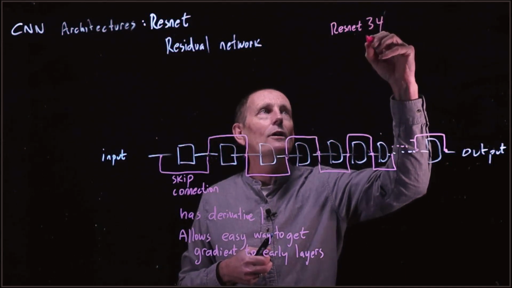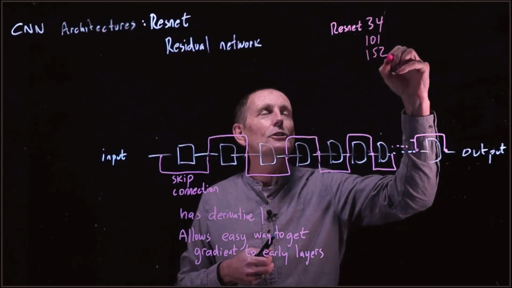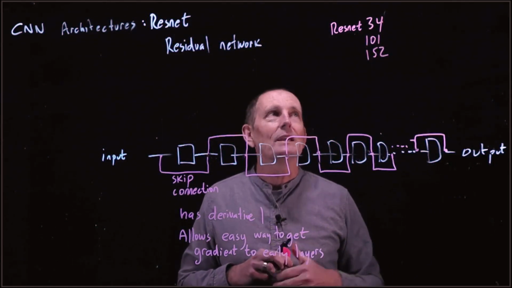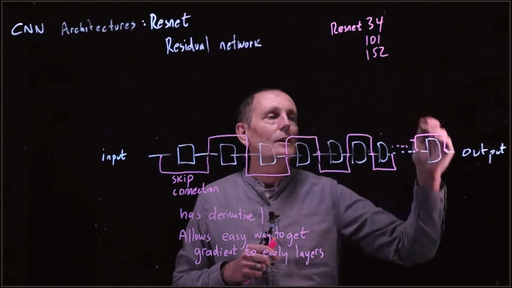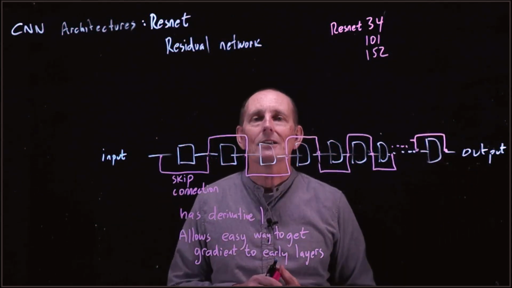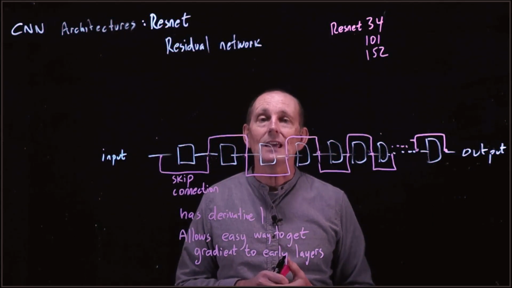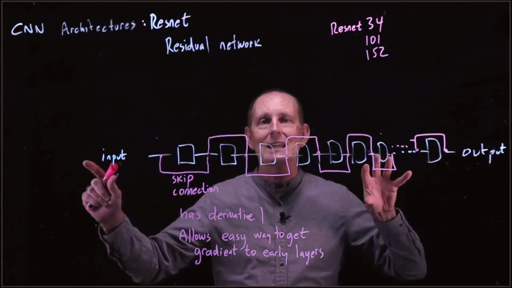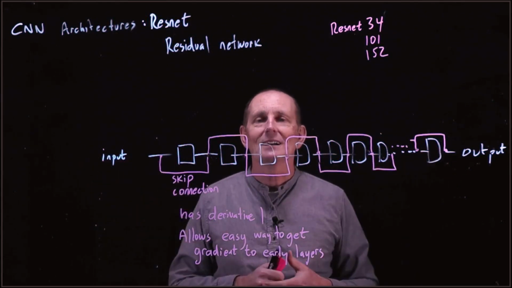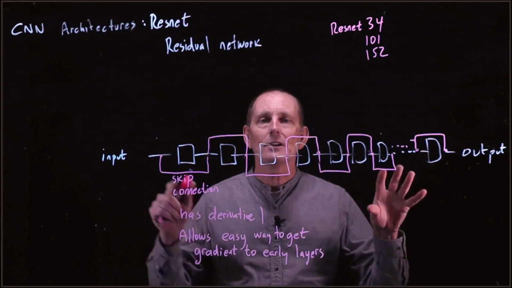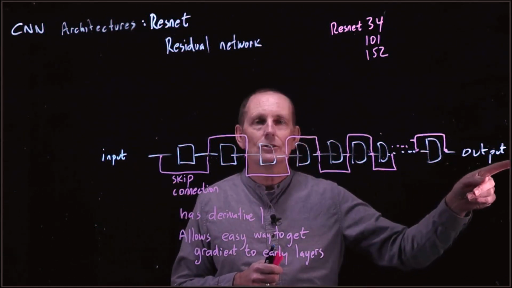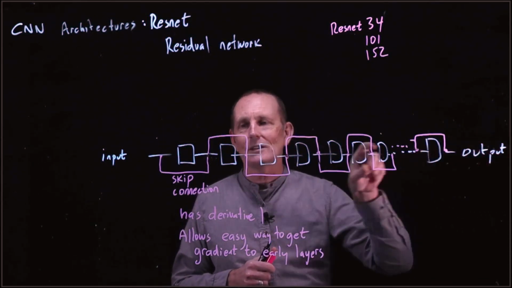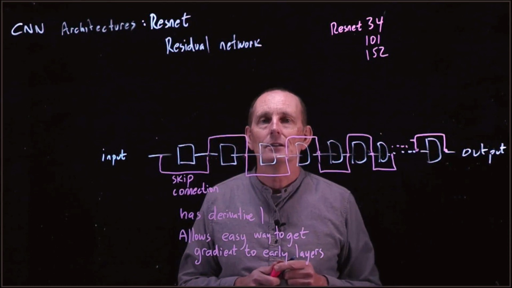We have 34, we have 101, we have 152, all of which work very well because the training works well because we have this way to get gradient back to the early layers. So unlike, let's say, Inception, where they had this problem of training the early layers, where they added these extra temporary classifiers, instead, we can just do our traditional classification in our output layer, and compute our loss with respect to any of these weight matrices.